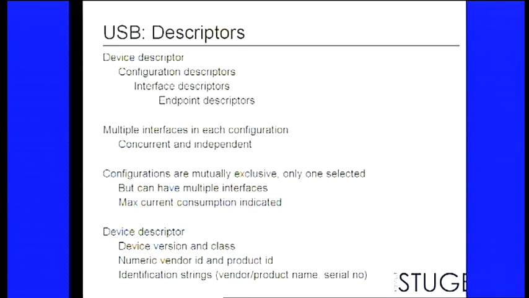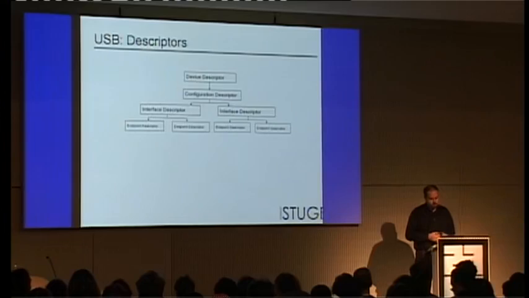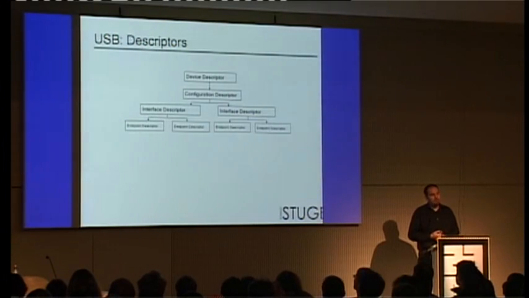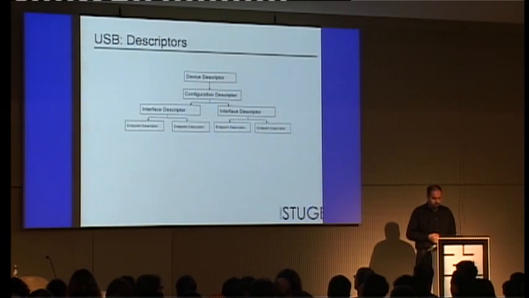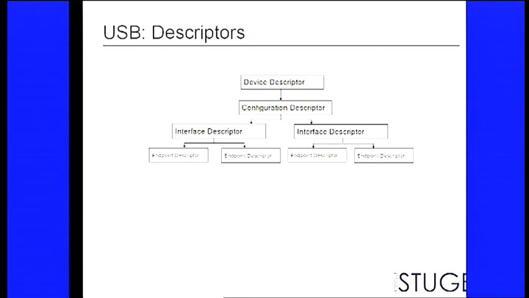There might also be some text stored inside the device as string descriptors, which are referenced from the device descriptor with the name of the manufacturer, and also configurations and interfaces can have names too. It's not used much. So this is a small diagram of the descriptors and how they relate to each other. One device descriptor, one or more configuration descriptors, and inside a configuration, one or more interfaces and endpoints within the interfaces.